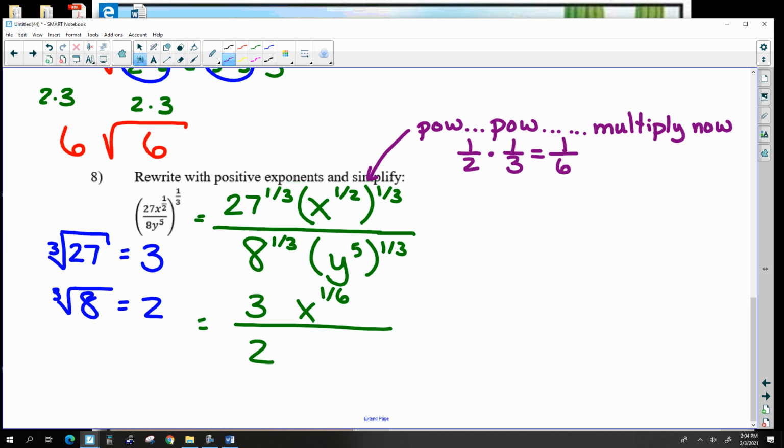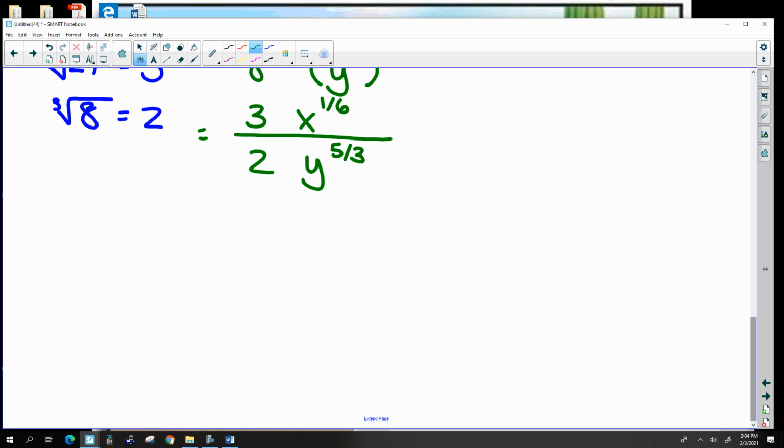Similarly, in the denominator, we have 5, or aka 5 over 1, times 1/3. So this is 5 over 3. And again, this might be the answer. I'm not exactly sure how they want their answers written. If not, this would be the answer right here.